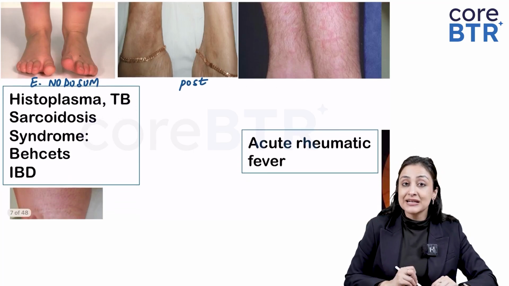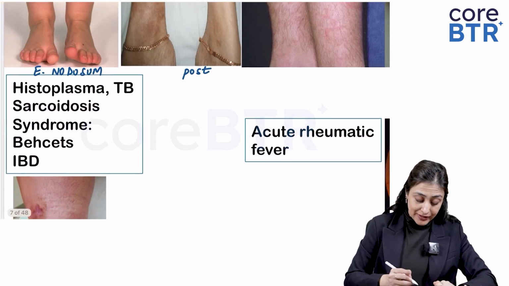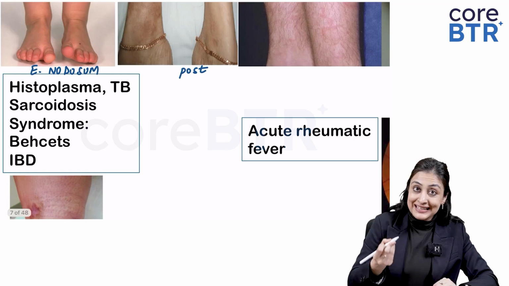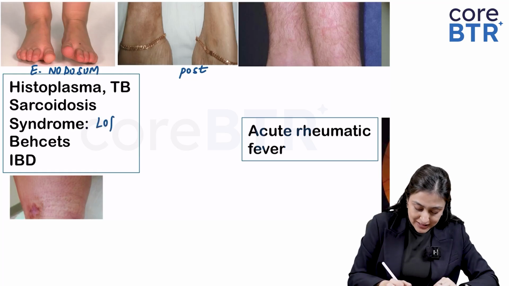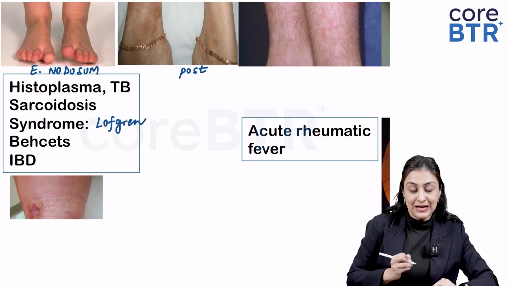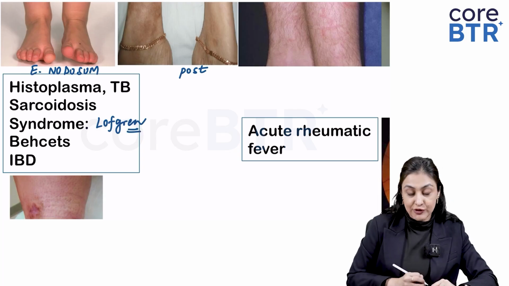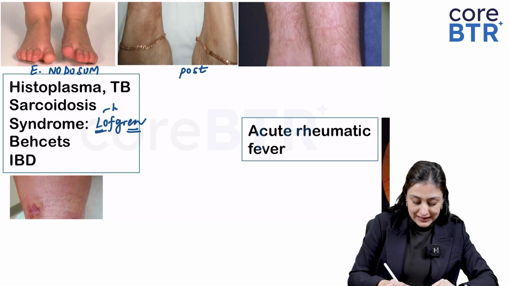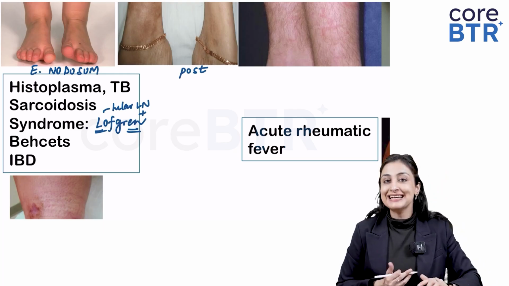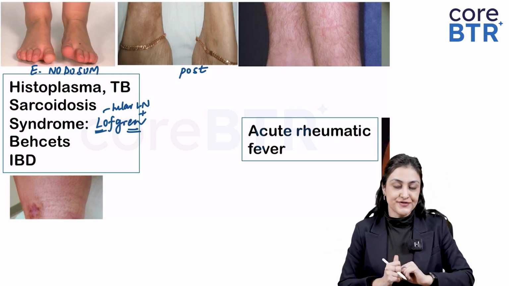Associated with histoplasma, TB. Very important, sarcoid. So sarcoid, where you have EN, erythema nodosum, this is called Lofgren syndrome. As the name suggests, EN for erythema nodosum, L for hilar lymph node. So hilar lymph node plus EN is Lofgren, subtype of sarcoid.